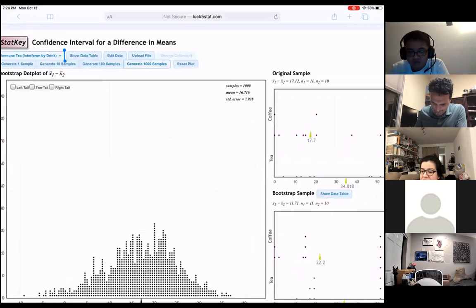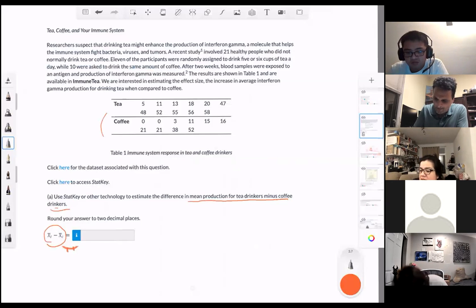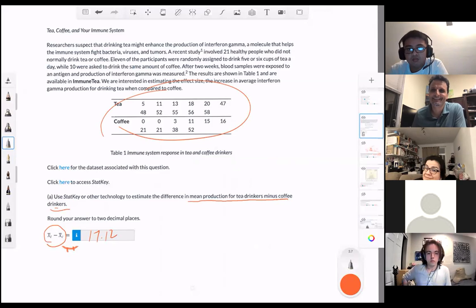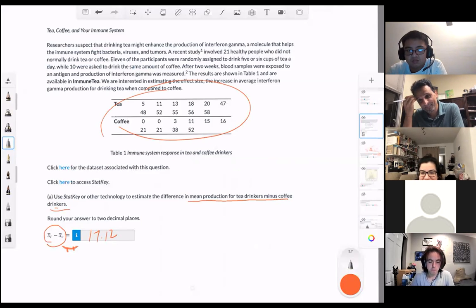From this data, we're going to get 17.12. That was easy. Yes, using the StatKey just gives you the answer.